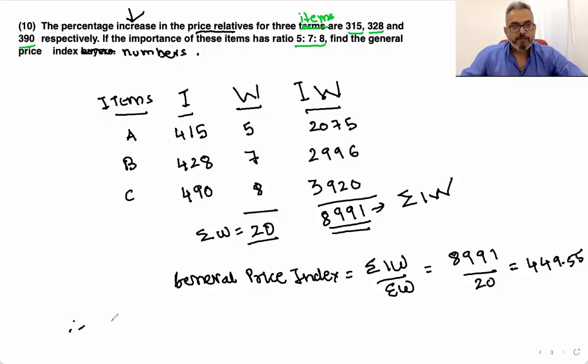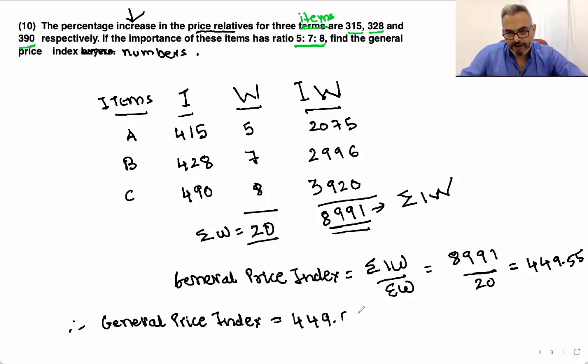Therefore, general price index is equal to 449.55. Answer.